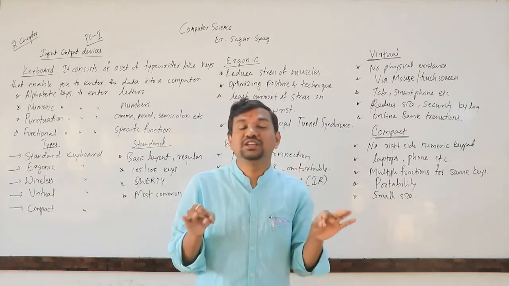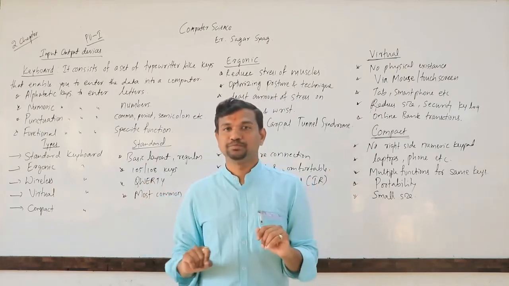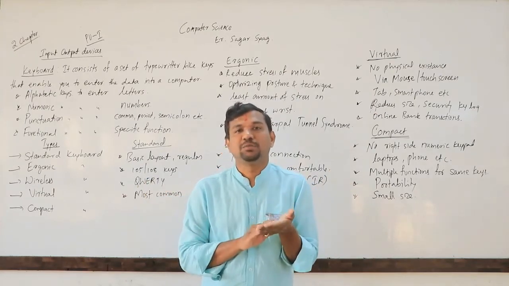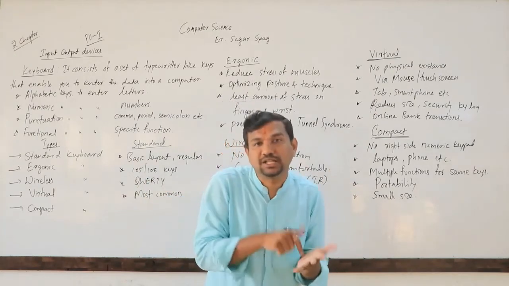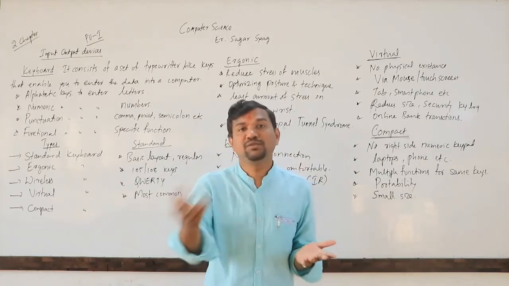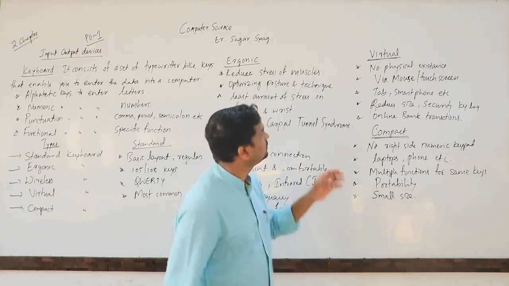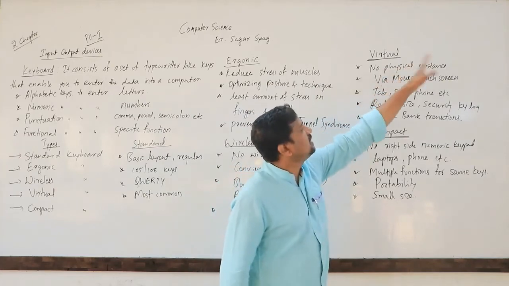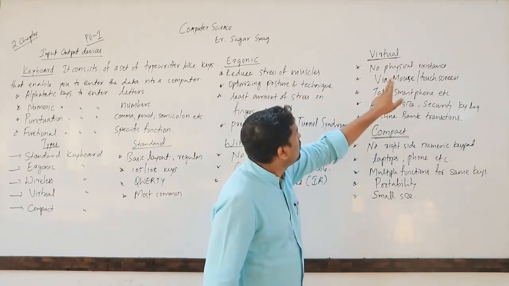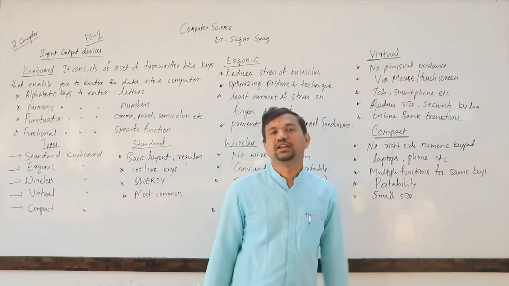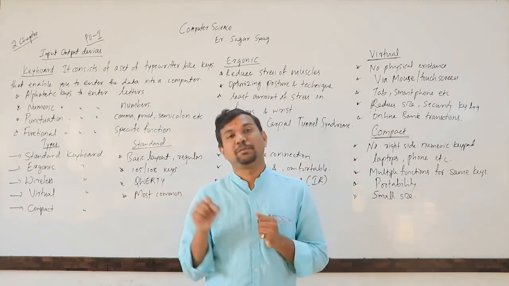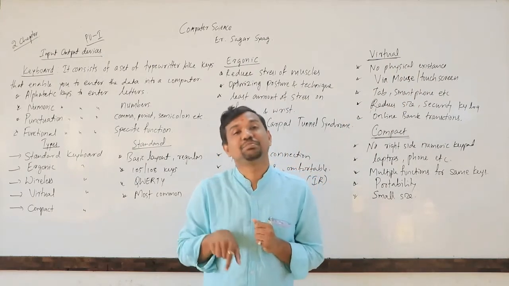There is no physical existence of a keyboard. Just like our smartphone, we don't have a keyboard, we touch the screen and through the screen we use the keyboard. So there is no physical existence, only via mouse or touch screen. In laptops there is a touch pad.